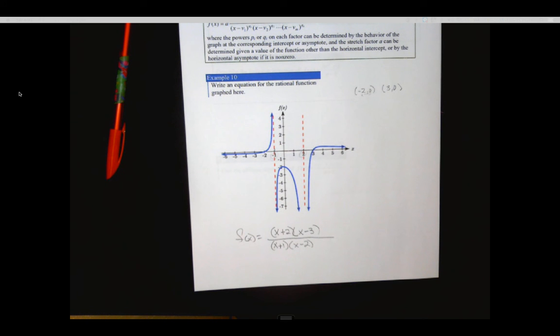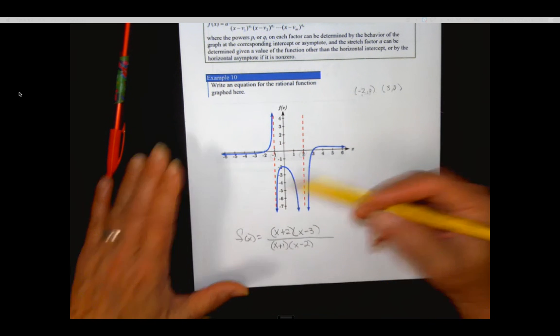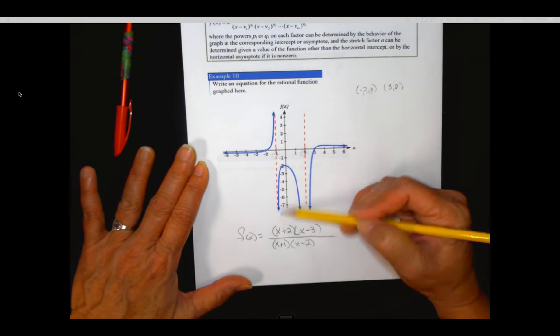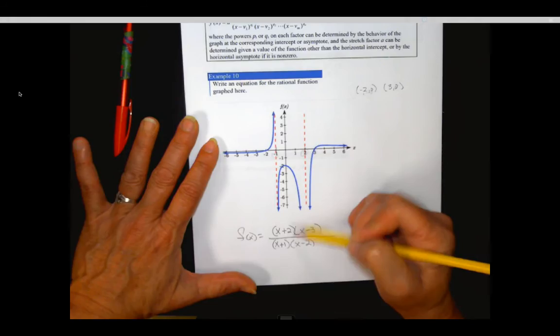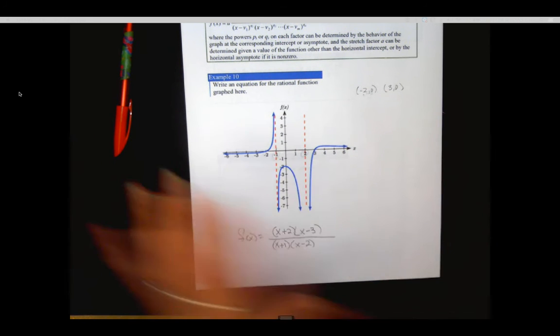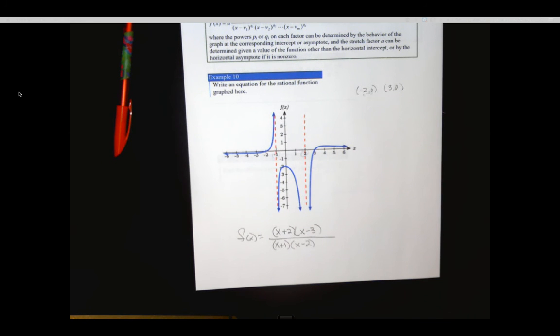Okay, and so when I look at this graph now, I can see that this appears to be a parabola, so I know that the y-intercept here is -2, and so I can plug that in to calculate this.